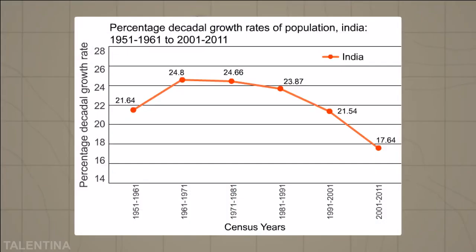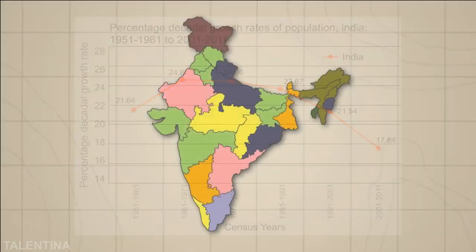India has shown a decadal growth rate of 17.64% in the census of 2011 as compared to 21.54% in 2001 census. It shows a declining trend of population, which is a positive indicator.